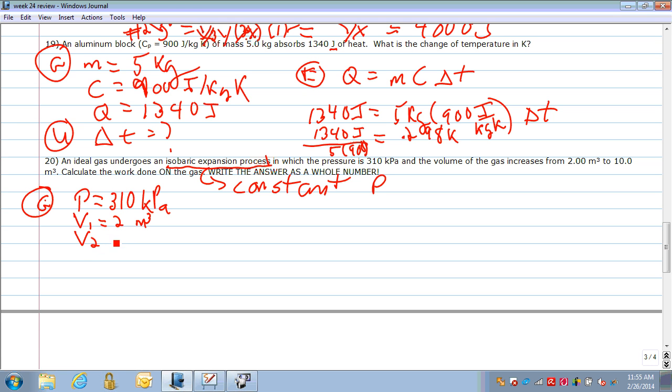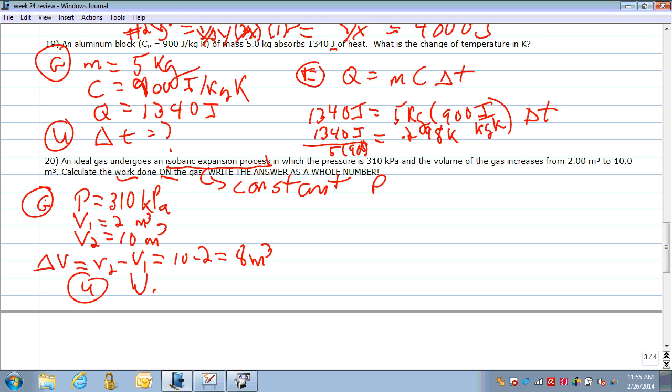It has a final volume of 10 cubic meters. So that means that our change in volume is going to equal V2 minus V1, which equals 10 minus 2, which equals 8. The question is, what is the work done on the gas?